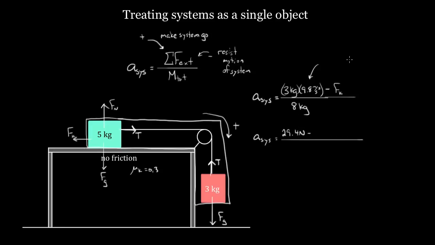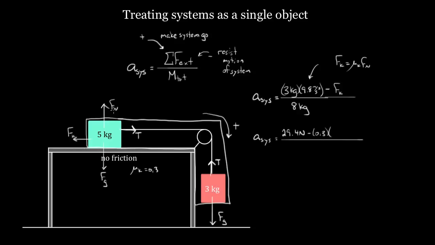There's a formula for force of friction. The force of friction is always mu k times Fn. So the force of friction on this 5 kilogram mass is going to be mu k, which is 0.3, times the normal force, not the normal force on our entire system. I don't include this 3 kilogram mass.